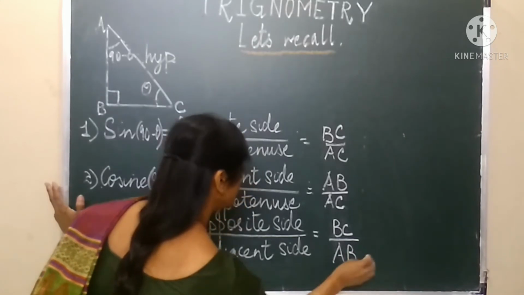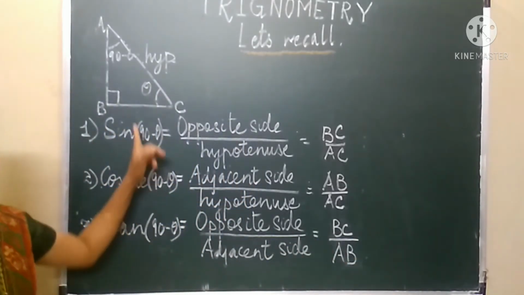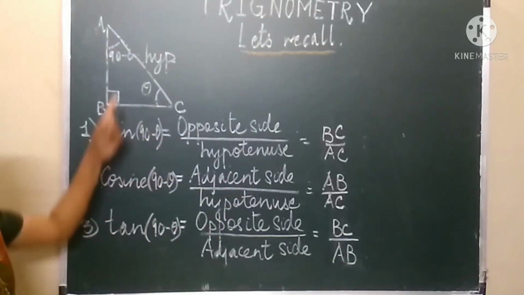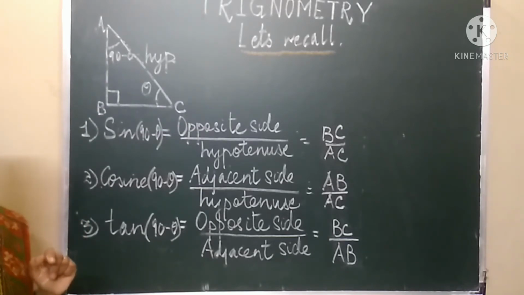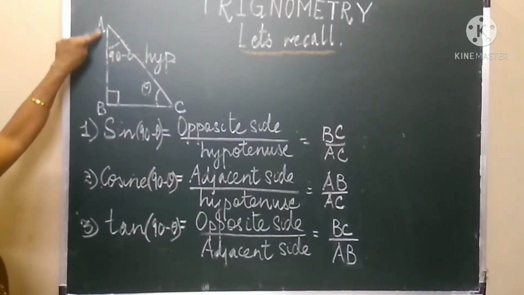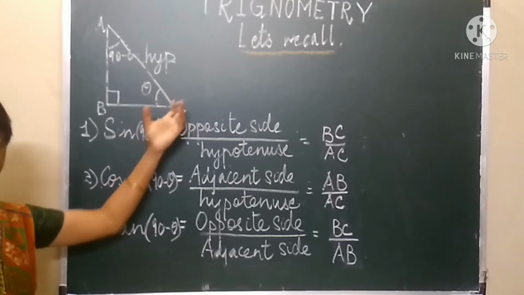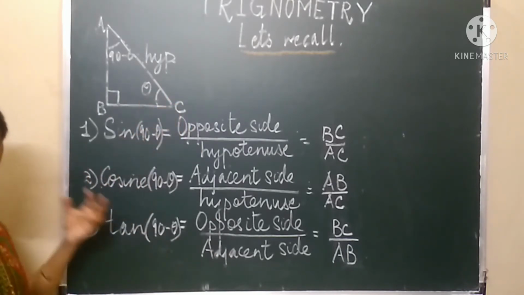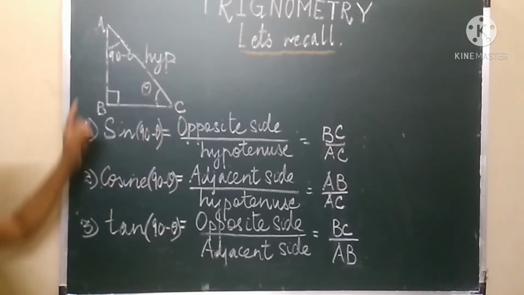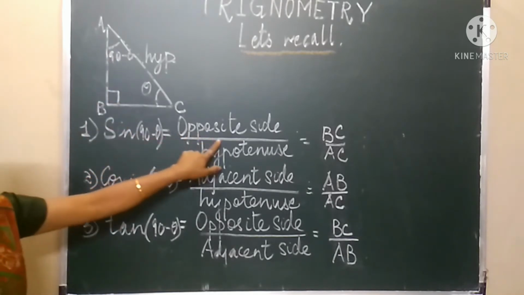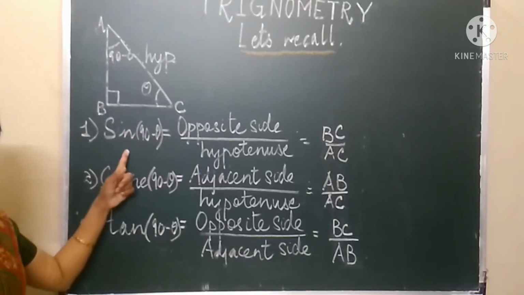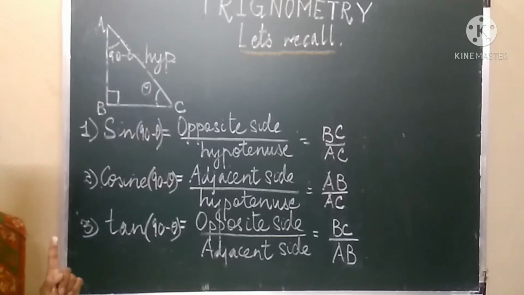So, here children, again we found out the three trigonometrical functions for the second acute angle, that was angle A. So first we found out for angle C the values of sine, cos and tan. Next, for the second acute angle, we found out again sine, cos and tan. Right?